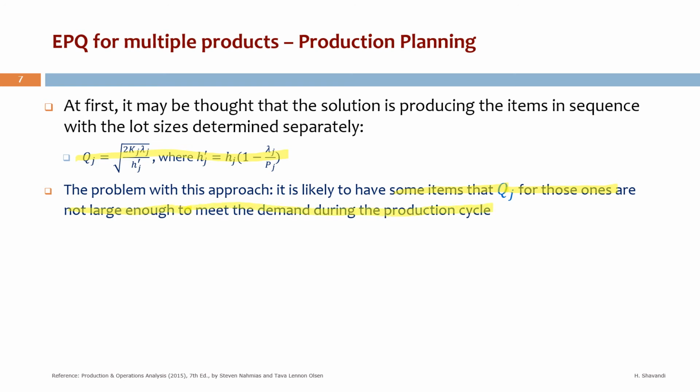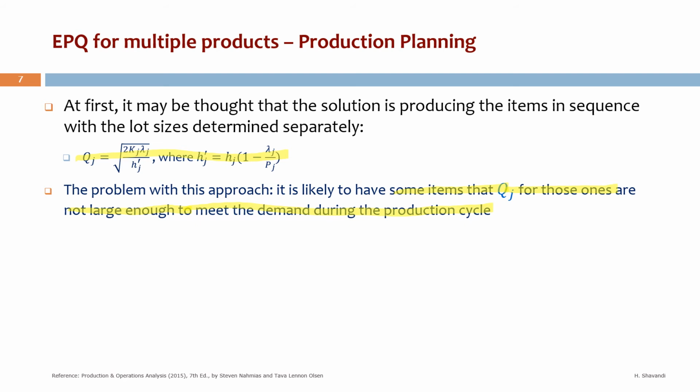The production cycle is the period in which we produce all the quantities for all items. So for some goods, the EPQ Qj may not be large enough to satisfy the demand over the cycle time. So that's a problem, and we can't go with this approach.